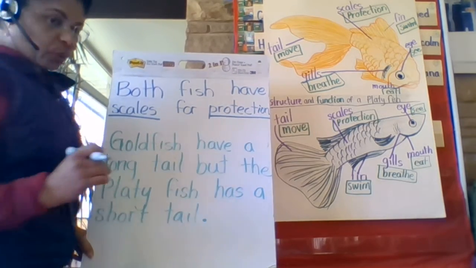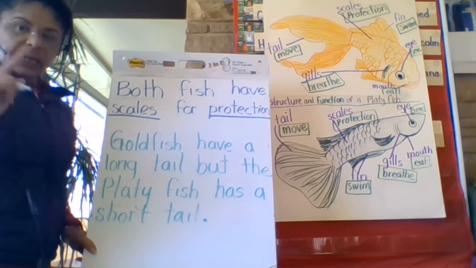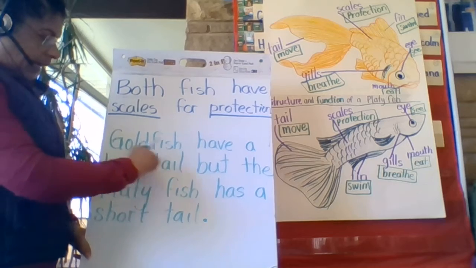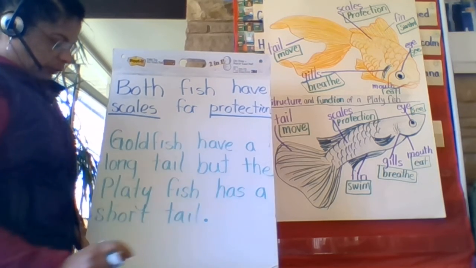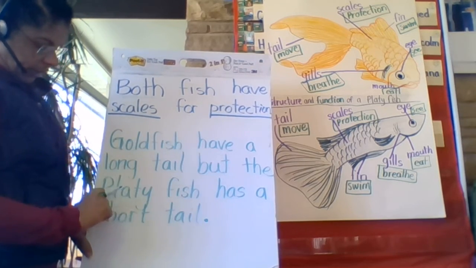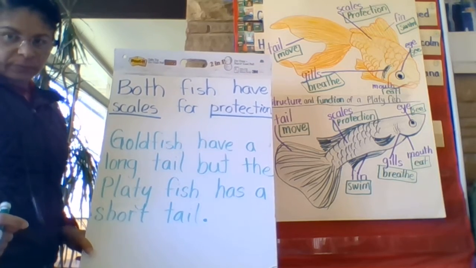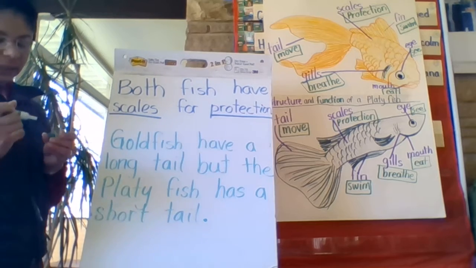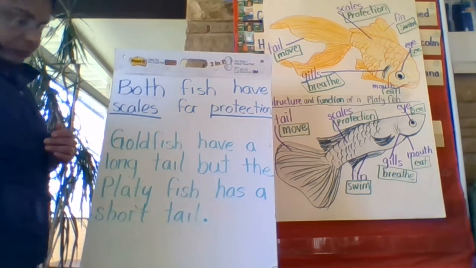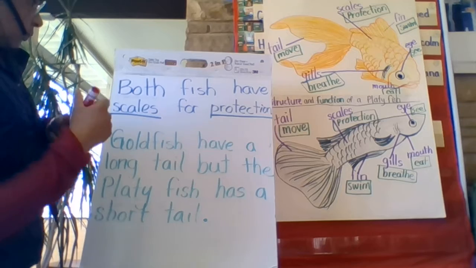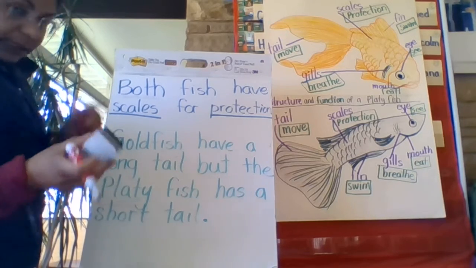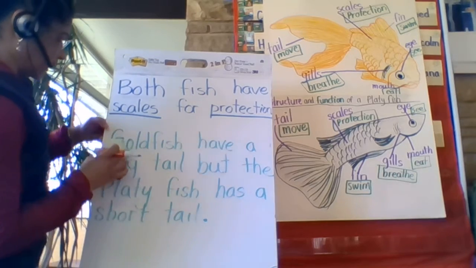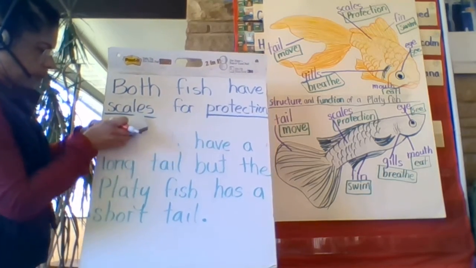And here, as I was reading my writing, I noticed that it's not consistent because I started talking about a lot of goldfish and then I'm comparing it to only one platyfish. So as a good reader and writer, I'm gonna go back and fix my writing. And I'm going to make it just one. A goldfish, and I'm going to erase this.